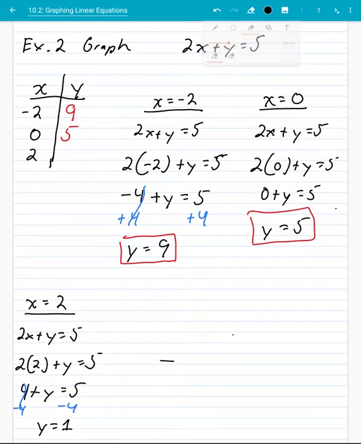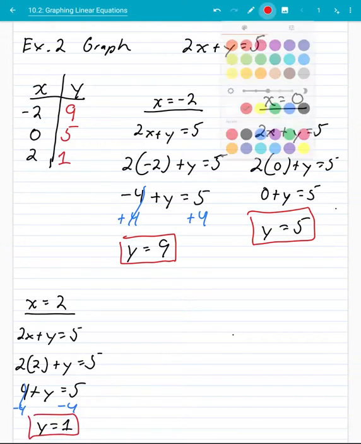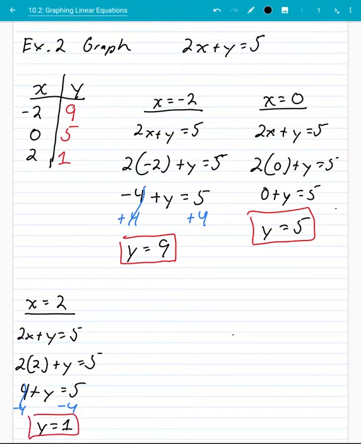And there you have it. Let's go ahead and put that on our T-chart. There we go. So that makes 3 different points that we have. We have -2, 9. We have 0, 5. And we have 2, 1. Those are the 3 points that we're going to graph.